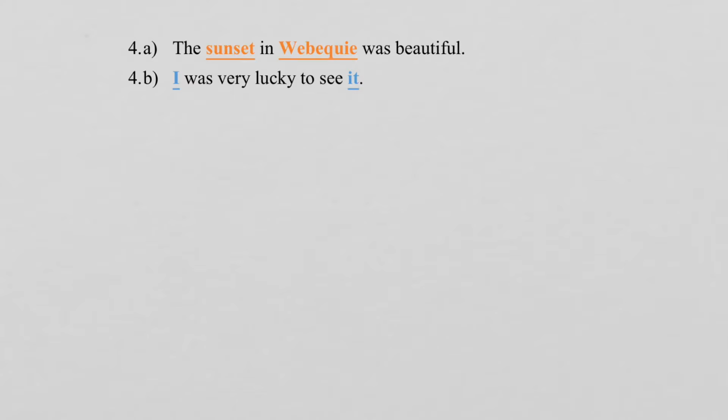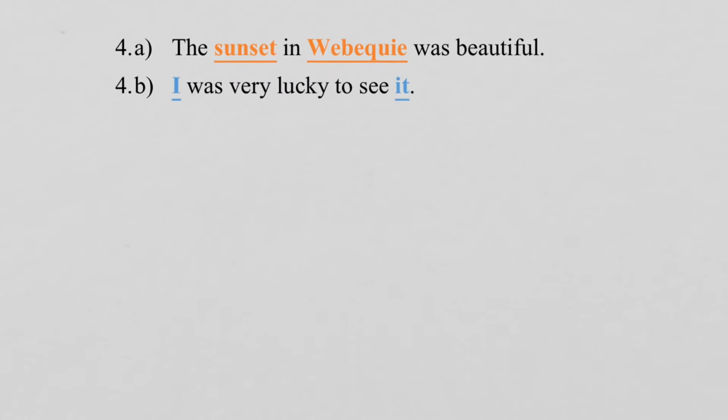The sunset in Webequie was beautiful. So my nouns are sunset, Webequie. 4B. I was very lucky to see it. So the pronouns are I, it. I was just trying to think of an example using the pronoun I, right?